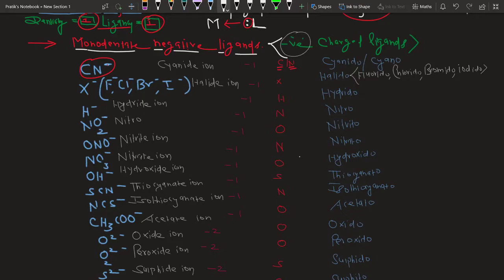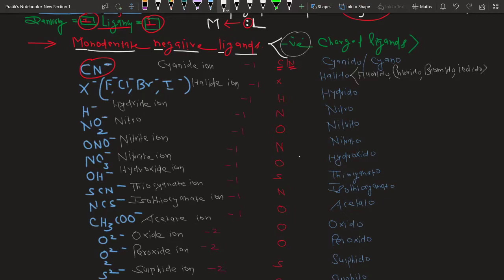X minus is called halide ion. Its charge is -1 and the donor atom is halogen. It is very important to know the donor atom, the charge and the denticity. H minus is called hydride ion. Charge is -1, donor atom is hydrogen. NO2 minus is nitro, with -1 charge.